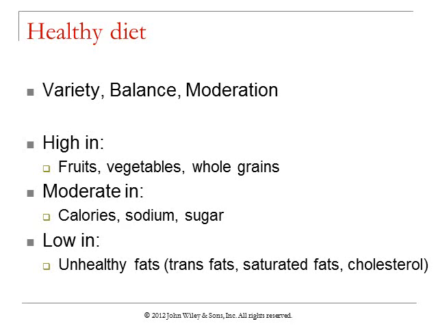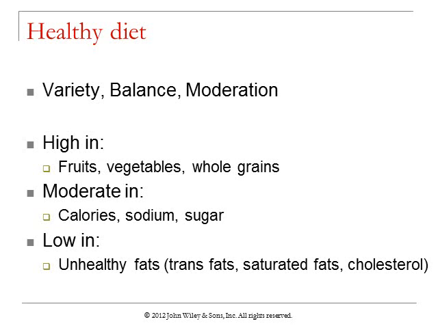Okay. One of the main principles that we're really going to find throughout this course is the different aspects that will play into a healthy diet. And those aspects are variety, balance, and moderation. So a healthy diet is considered one that is high in fruits and vegetables and whole grains, those very nutrient-dense foods.